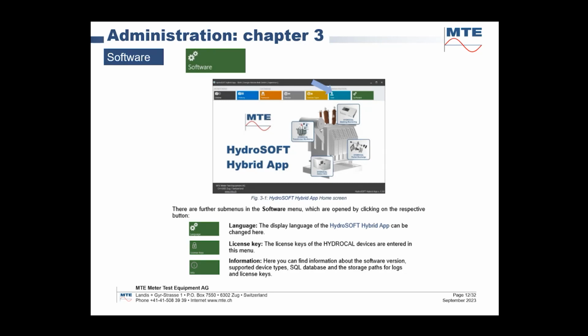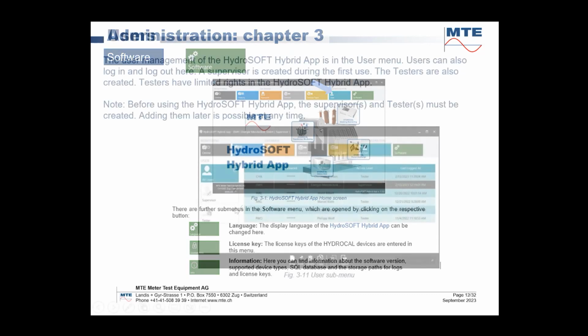You can do it manually, or you can import a text file. Then on the third menu, you have information. That's the menu where you can find all information about the software version, supported device types, SQL database, and the storage path for logs and license keys.